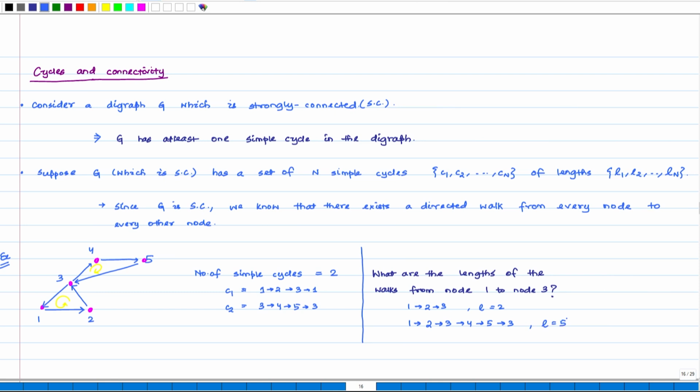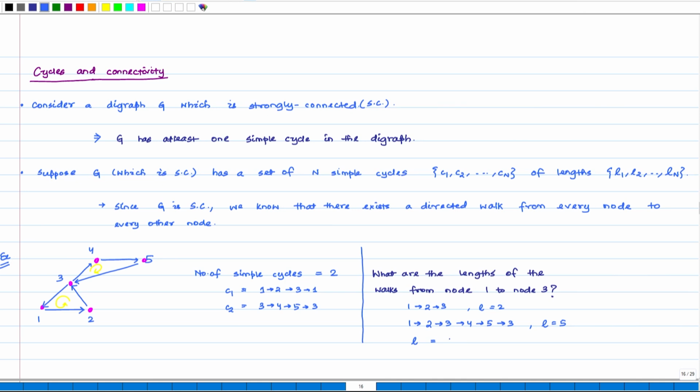In this case, we traversed along the cycle C2 just once, but now I can keep doing it repeatedly to generate walks of lengths given in this form, 2 + 3i, where i is simply the number of times the cycle C2 is traversed.